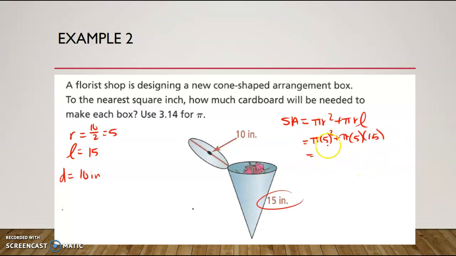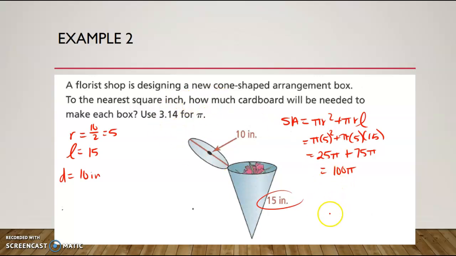And so then as I simplify, 5 squared is 25, so I have 25 pi plus, and 5 times 15 is 75, so 75 pi. And then 25 plus 75 is 100, so I have 100 pi. Again, this is what we would call our answer in terms of pi. I've simplified it all the way down, and pi is still part of my answer.